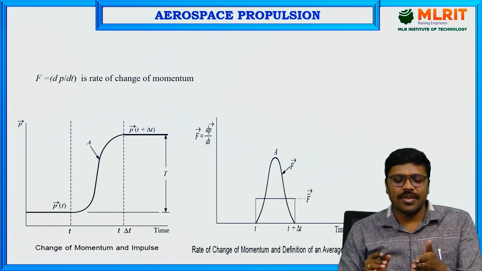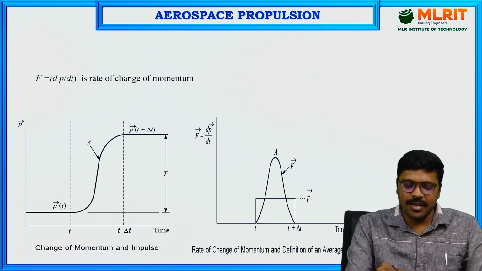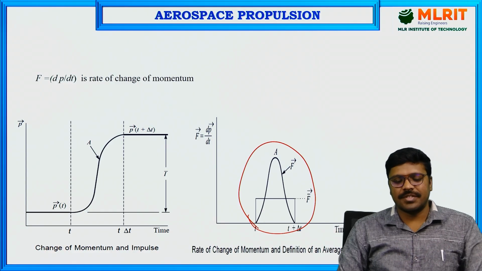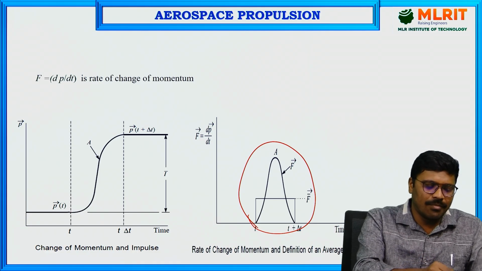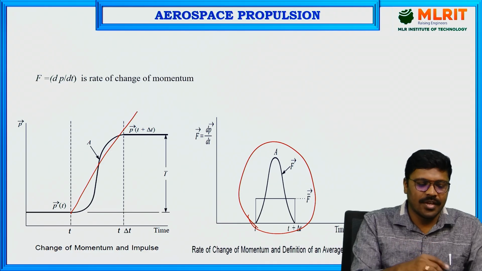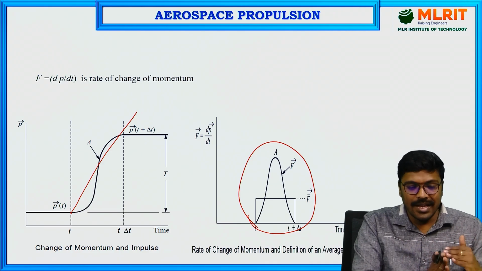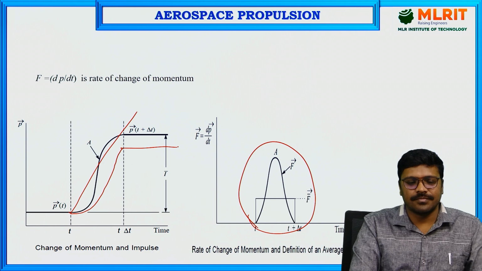Based on this, we can understand what is the final velocity attained by the body based on how the force is applied. If the force is applied linearly, then the momentum achieved by the body may be different. If the force is applied like a parabolic curve from t to t plus delta t, the momentum achieved by the body may be different like this.